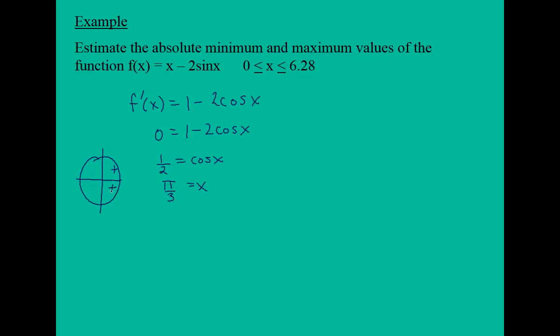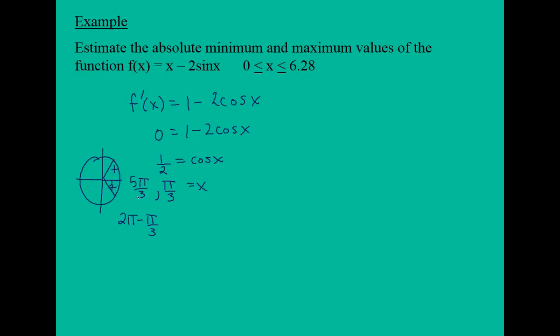So since we have a reference angle of pi by 3, to find the angle in the fourth quadrant, we're going to say 2 pi minus pi by 3. And if we got common denominators, we'd have 6 pi minus pi over 3, or 5 pi over 3. So there are our critical values, or our critical numbers.